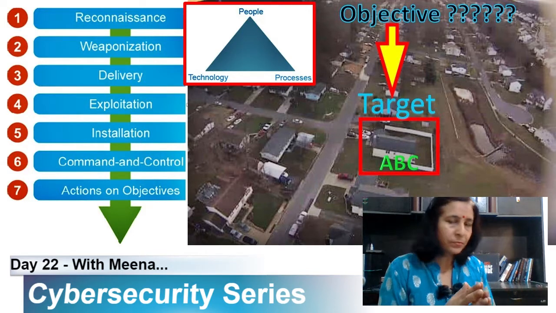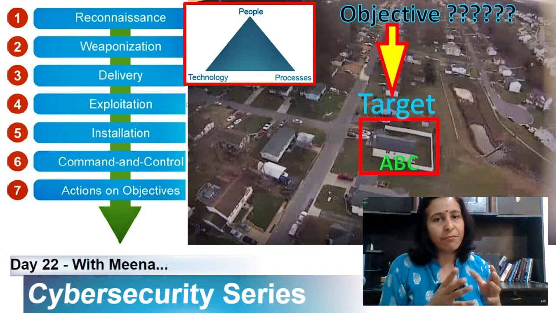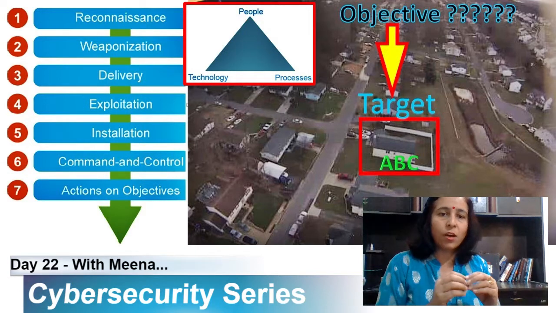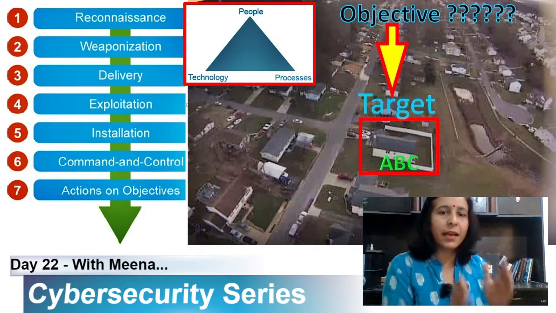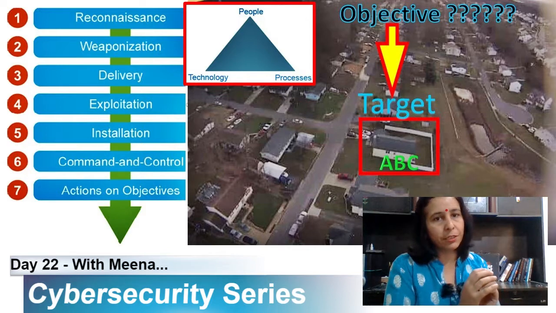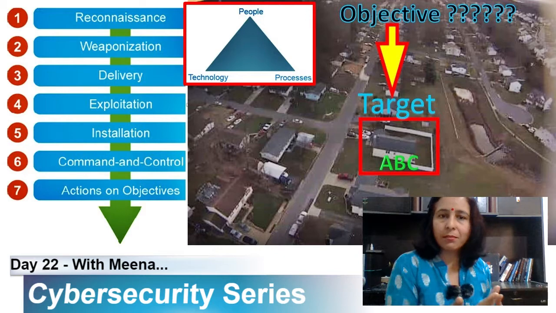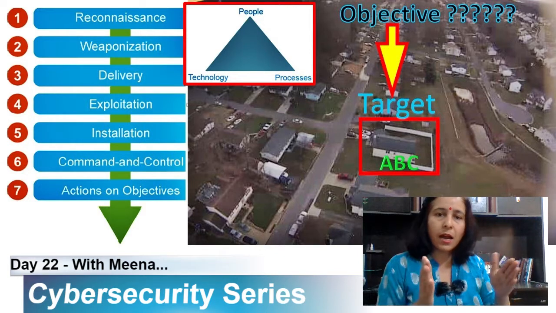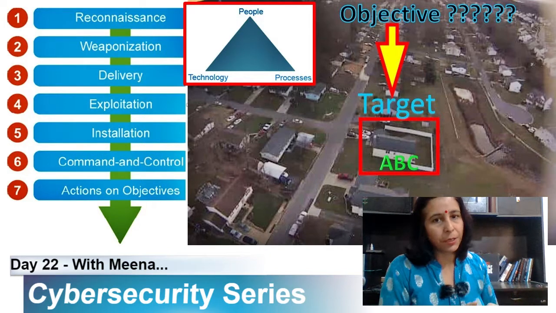For example, attackers know there is a vulnerability in the PDF reader, Adobe Acrobat Reader, and they will send a malicious code. Once that is executed, they can exploit that vulnerability. Okay, so once that malicious code is installed, they have control on the target machine.